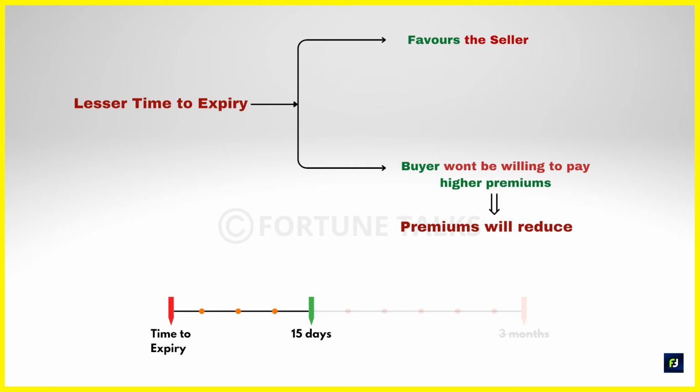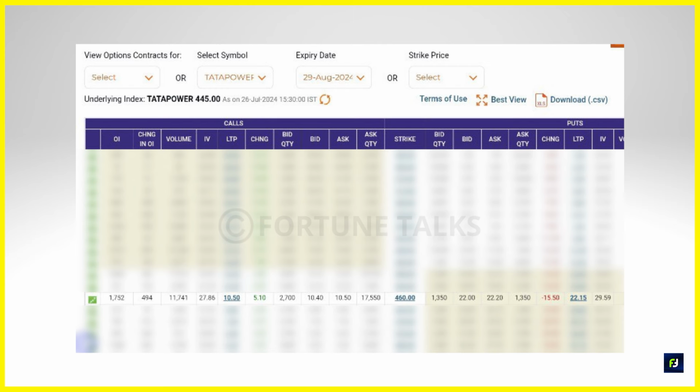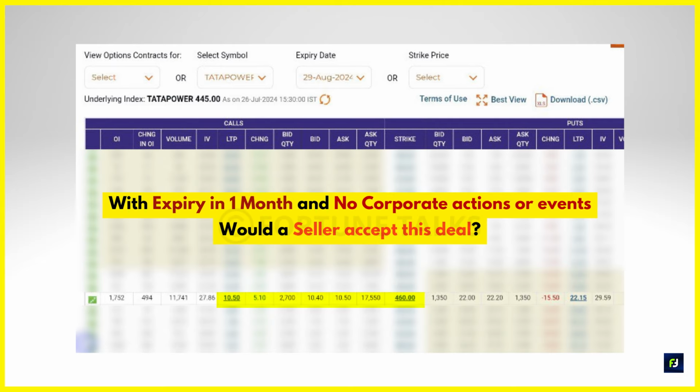Now, let us consider these ideas from a stock market perspective. Assume Tata Power stock is trading at 445 rupees today. One lot of Tata Power 460 call option with 1 month expiry is trading at rupees 10.5. Now, as an options writer, would you enter into this agreement by accepting 10.5 rupees per share as premium?